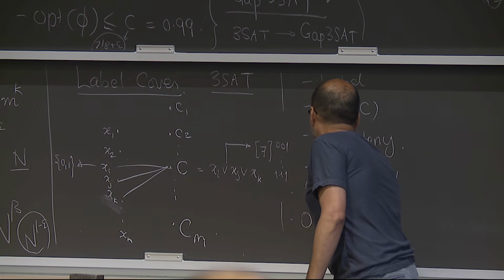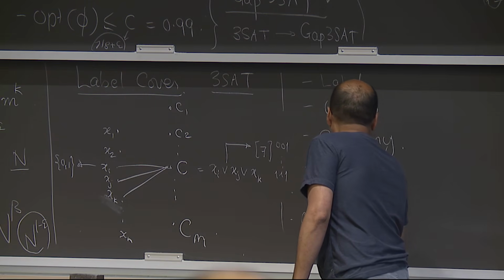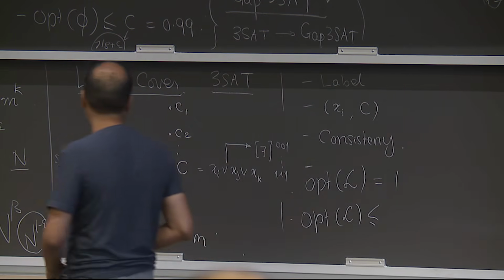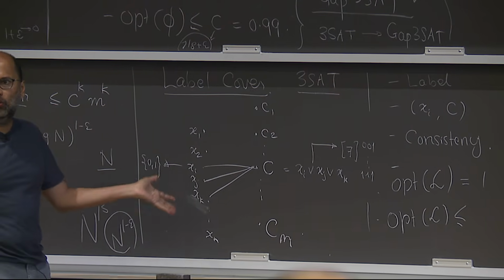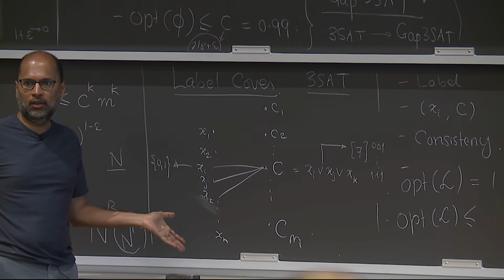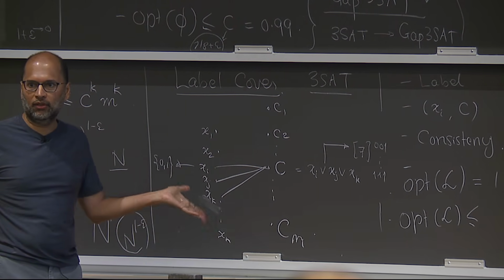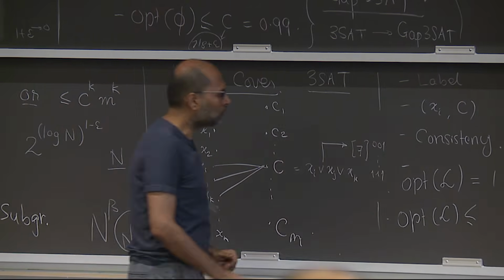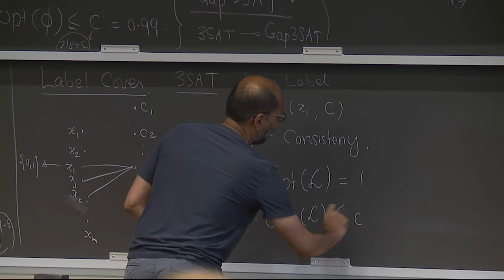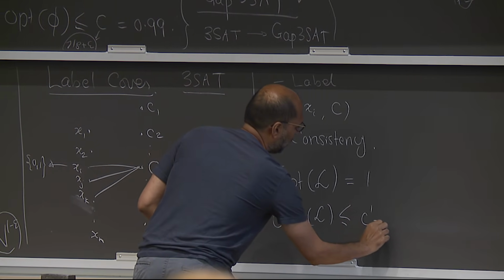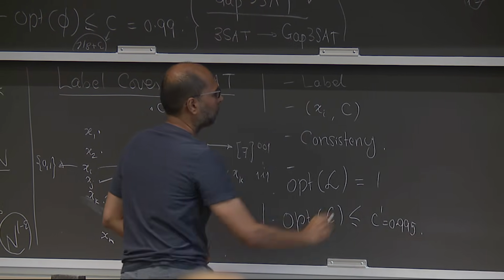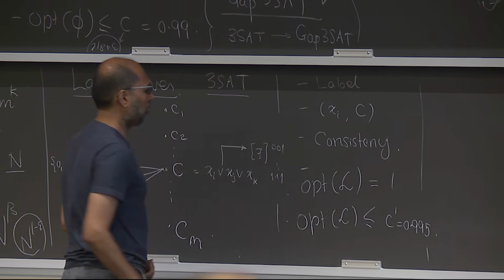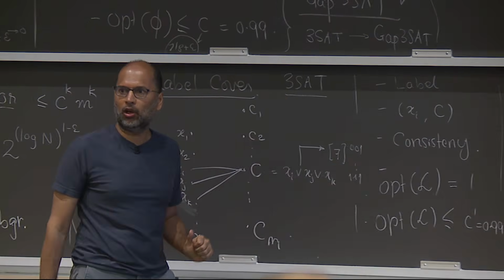Otherwise, if you are not able to satisfy more than some fraction C of the clauses, then any labeling would also fail on some constant fraction. I hope this is clear, right? So opt is at most some C prime, which is also very close to 1. So this is thought of as a mild hardness result for label cover.